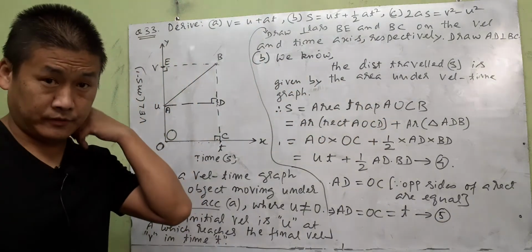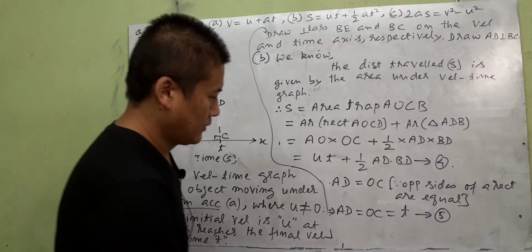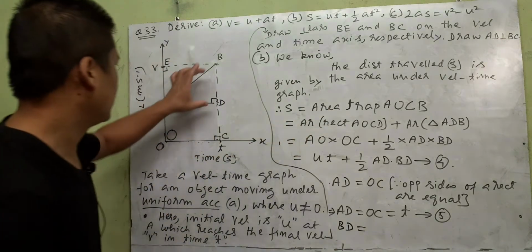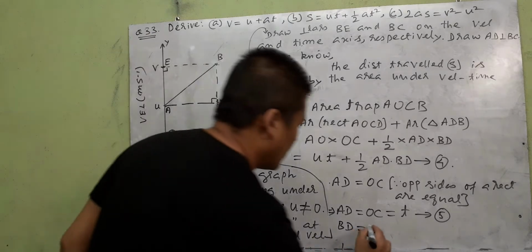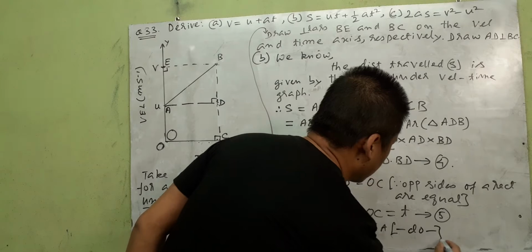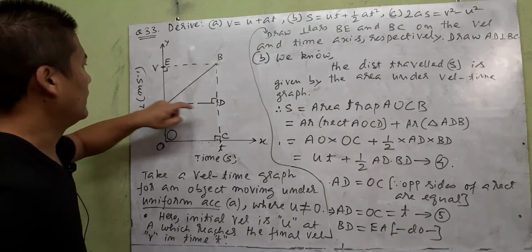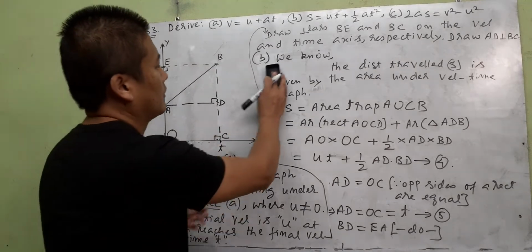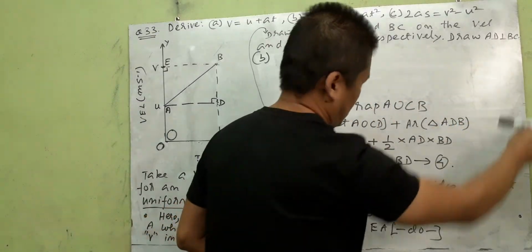Then we deal with this BD here. So BD is equal to EA, because of the same reason, they are opposite sides of the rectangle EADB. So they are equal.